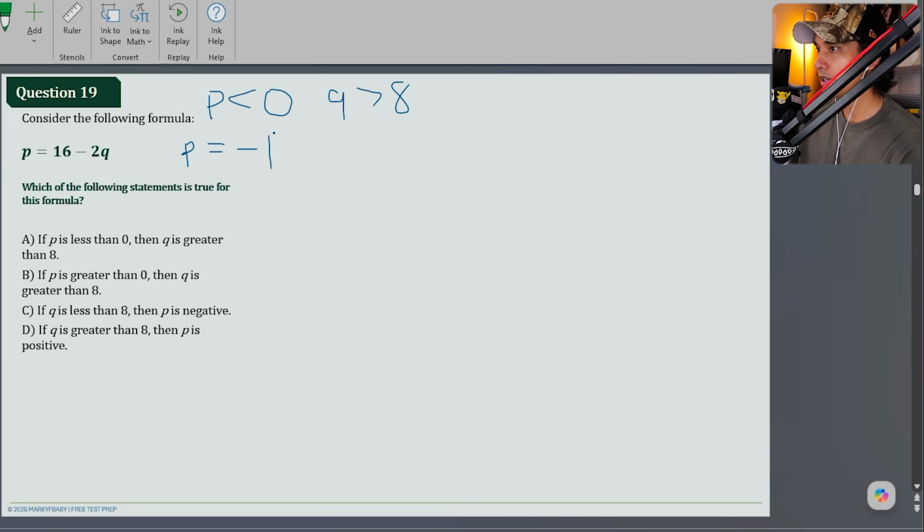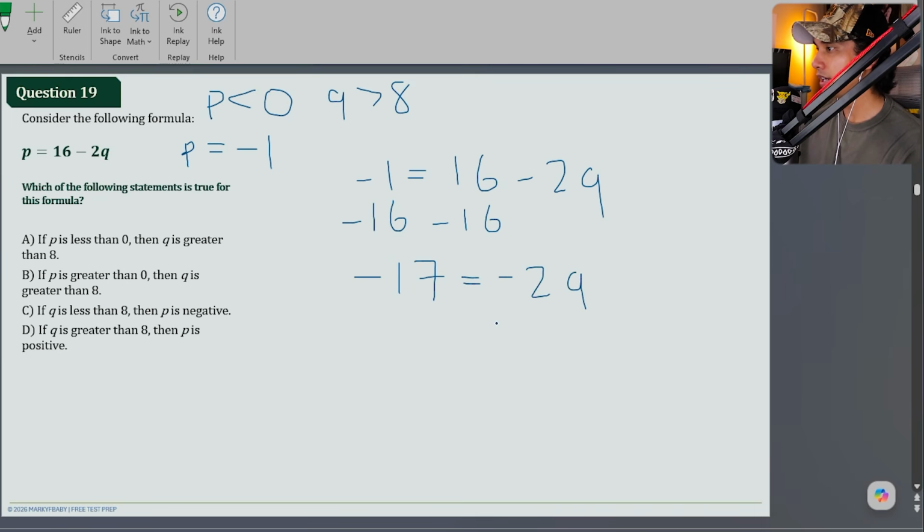So let's plug -1 into this formula over here. -1 equals 16 minus 2q. Then we subtract 16, we get -17 equals -2q. And then we're going to divide by -2, and we're going to get a positive number.